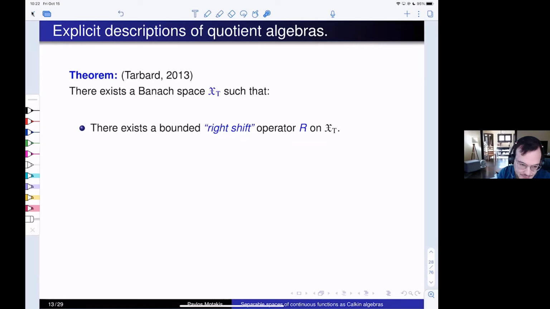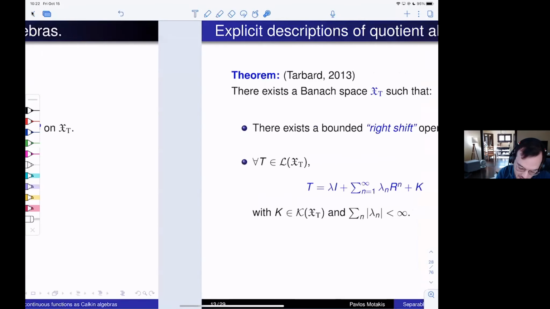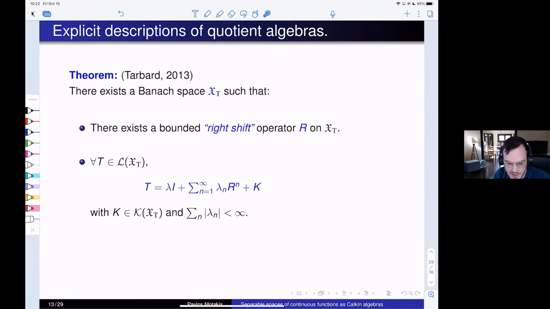And the property of this space is that if you take any bounded linear operator on the space, then it can be written as a scalar operator plus a series where you have scalar coefficients with powers of the right shift, plus a compact operator. And moreover, the series is absolutely summable.